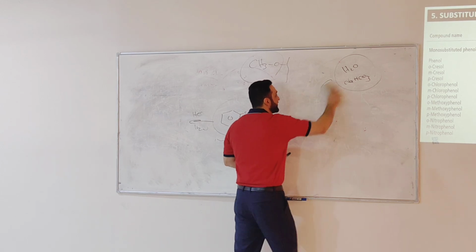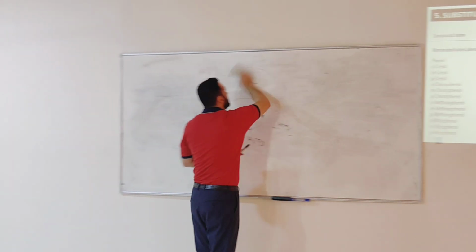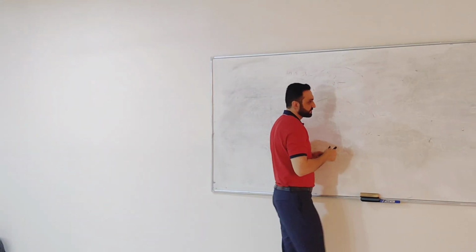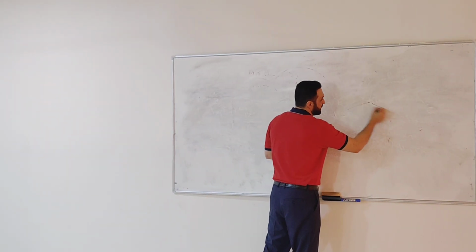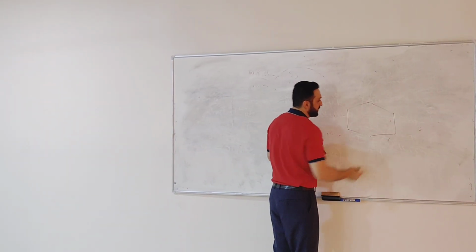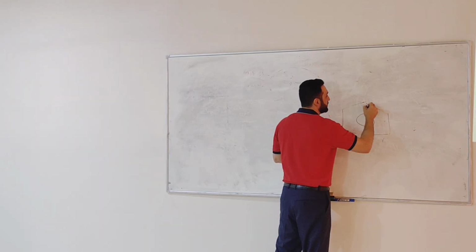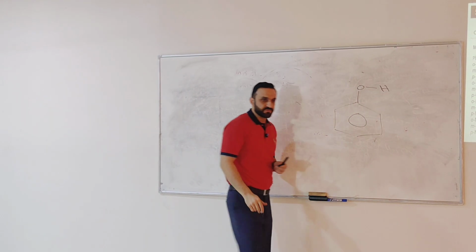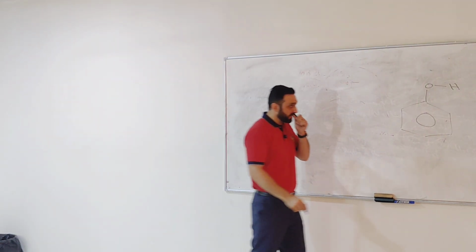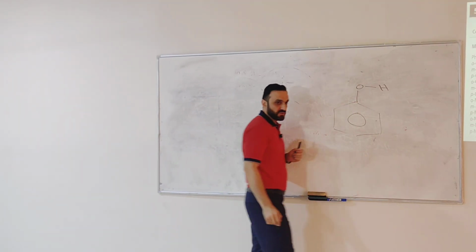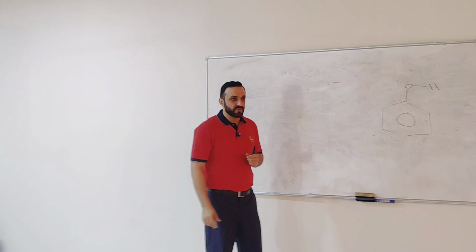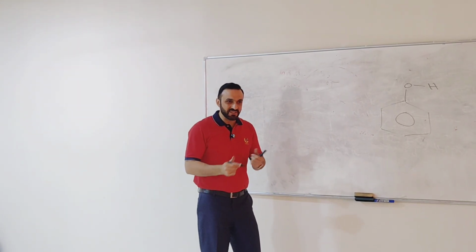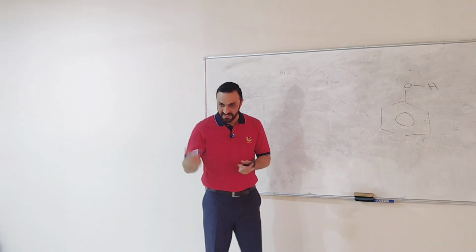Okay? Weaker acid. The idea is coming from here. I will give you the idea again. Look, this OH, what do we have here? We have a bond. When I say it will be more acidic or less acidic, we talk about the stability of the conjugate base, yes?